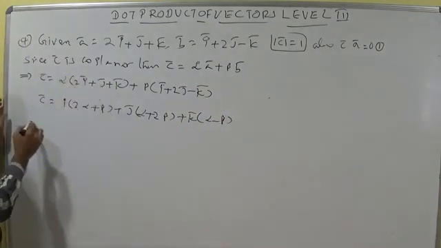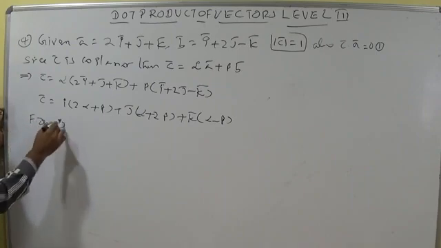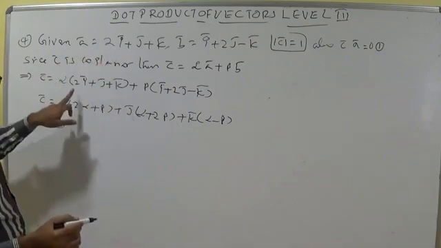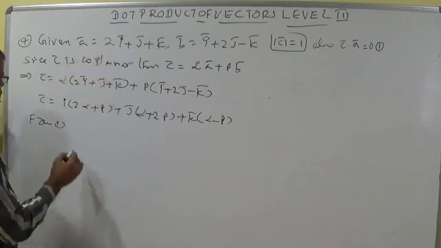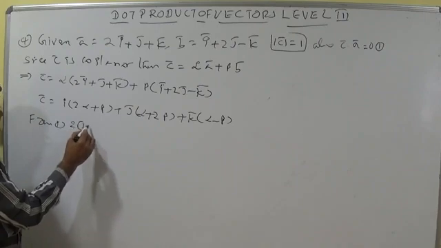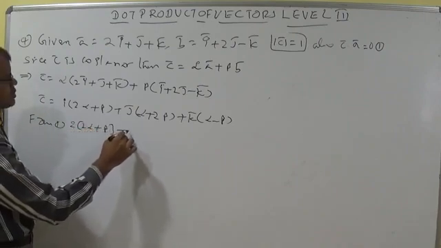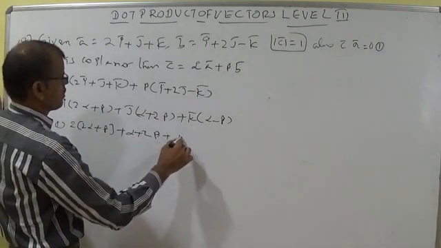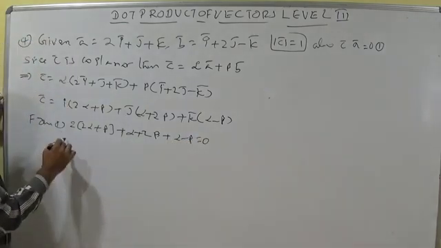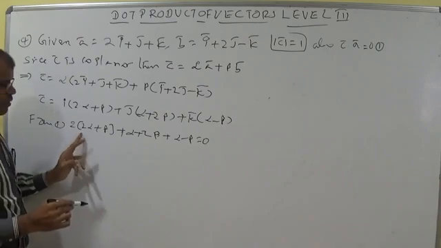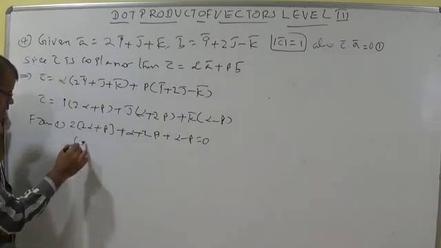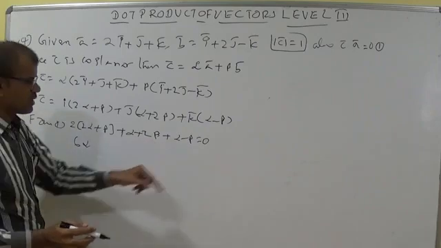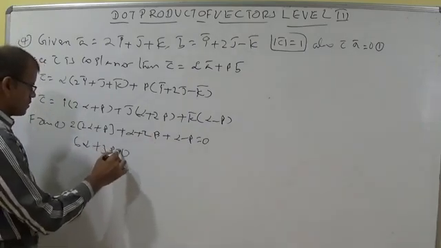So using 1, C dot A is equal to 0. We can write 2 into (2 alpha plus beta) plus 1 into (alpha plus 2 beta) plus 1 into (alpha minus beta) equal to 0. 2 twos are 4, 4 alpha plus alpha is 6 alpha; 2 beta plus 2 beta is 4 beta, minus beta is 3 beta, equal to 0.